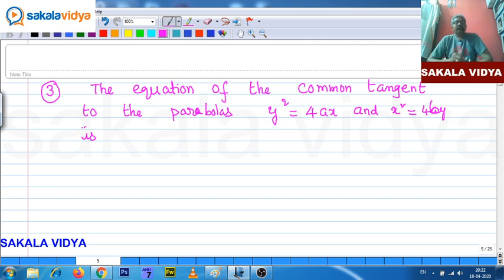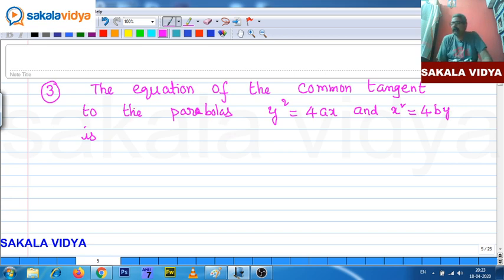Okay, the equation of the common tangent to the parabolas y square is equal to 4ax and x square is equal to 4by is, this will be very important for even conic section as well as here also. Sometimes this question may be given under tangents and normals, under even parabola also.